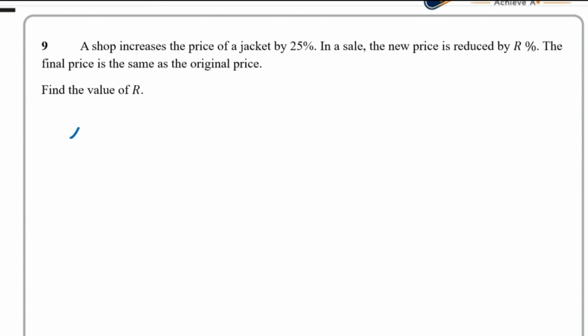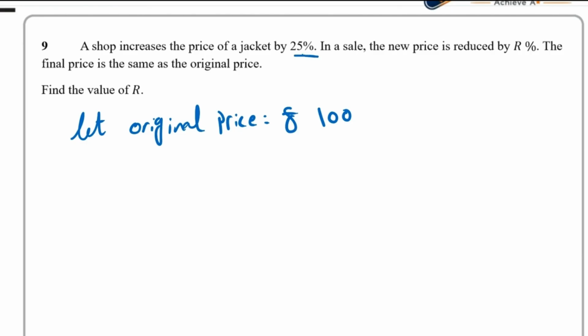So we write let original price equal £100. So usually we use a simple and easy number here. And if this is the original price, £100, now we can calculate the amount of increase.